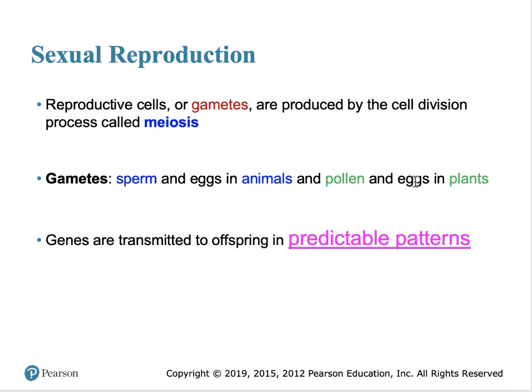So the word pollen is used for plant male gametes, whereas sperm is for animal male gametes. With respect to genetics, the most important thing is that the passage of genes between parents and offspring is transmitted through predictable patterns that we either fully understand or are trying to understand.